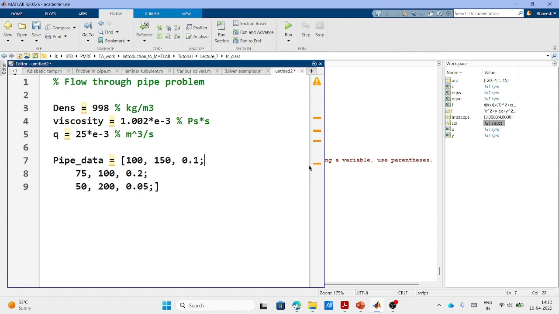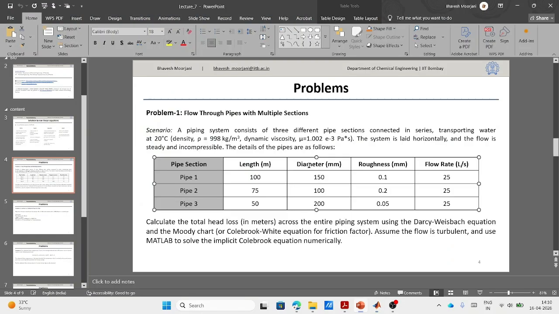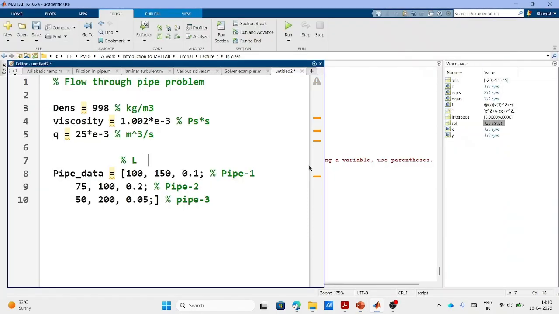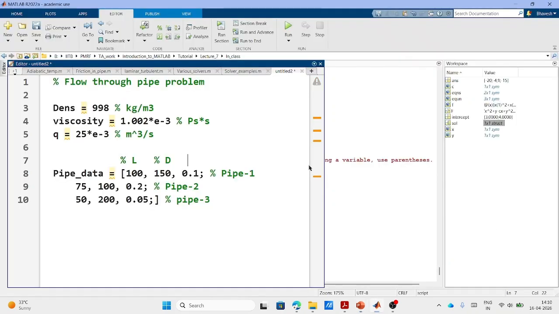So here, this is pipe 1, then this is pipe 2, and lastly you have pipe 3, correct? These are the information, and your columns will correspond to length, then diameter, and roughness.